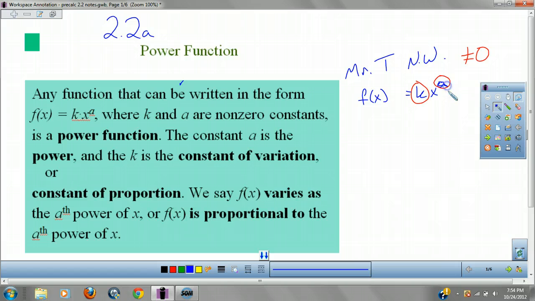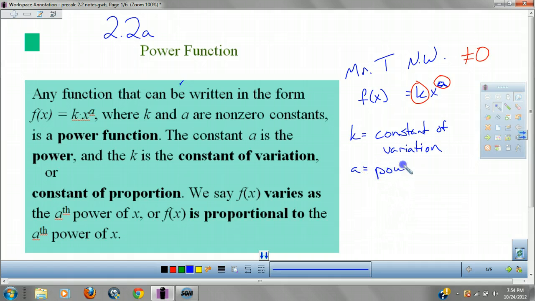It's x to some power times some constant. K is your constant of variation, and a is the power. It's the power of the function, because it's what power x is taken to.